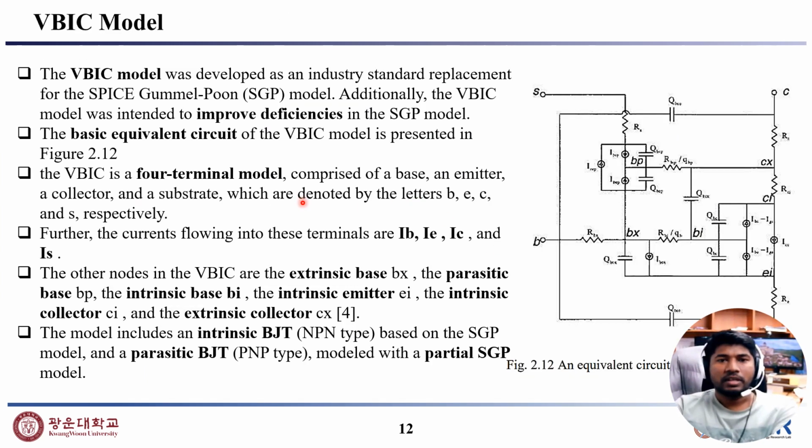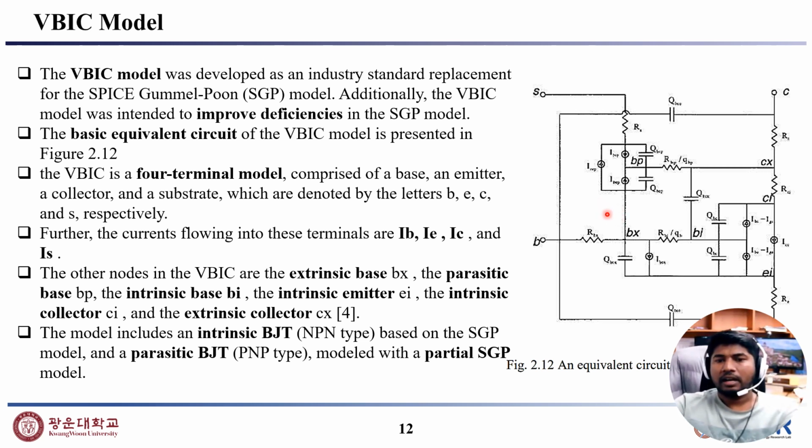And then the VBIC model. The VBIC model was developed as an industry standard replacement for the PSPICE Gummel-Poon, that is the SGP model, and the VBIC model was intended to improve the deficiencies that exist in the SGP model. The basic configuration is shown in this circuit, that is figure 2.12. The VBIC model is a 4-terminal model comprised of base, emitter, collector, and substrate.